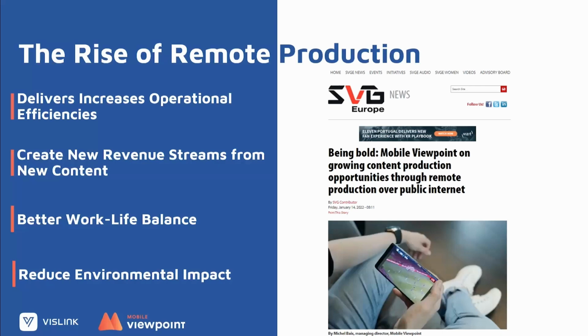Now it becomes commercially possible to produce that new content. This is something that Mobile Viewpoint has been talking about, and there's a blog post from us on the SVG Europe website at the moment, which you may want to have a read of. So those are some of the really great reasons for moving towards remote production.